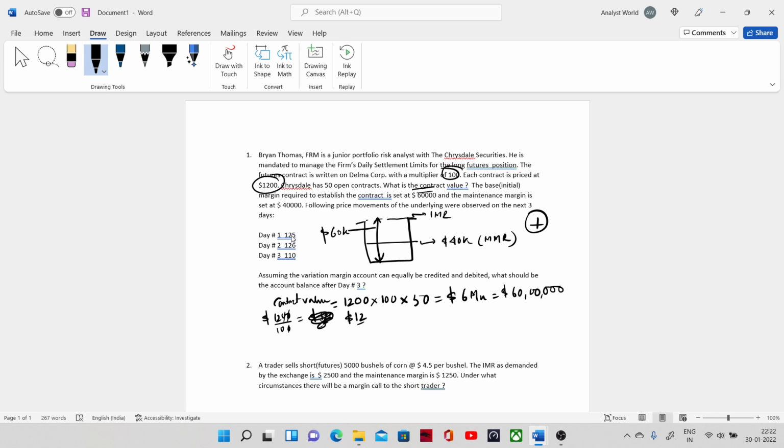So there is a decimal that has been missed out here. The prices are 12.5, 12.6, and 11.